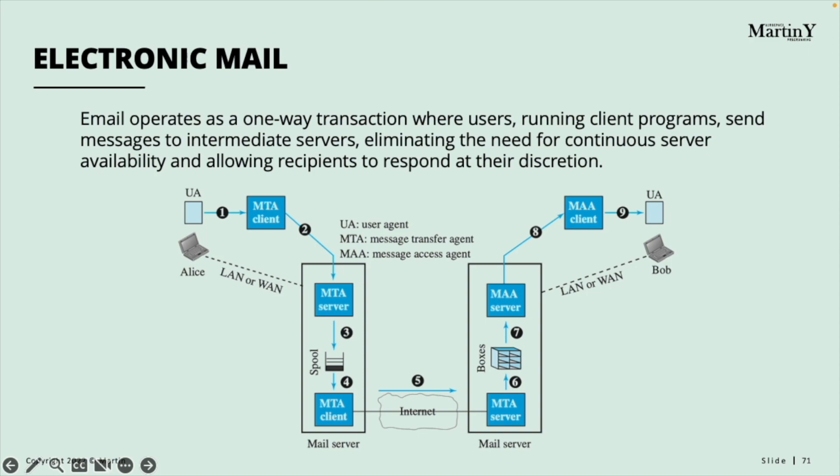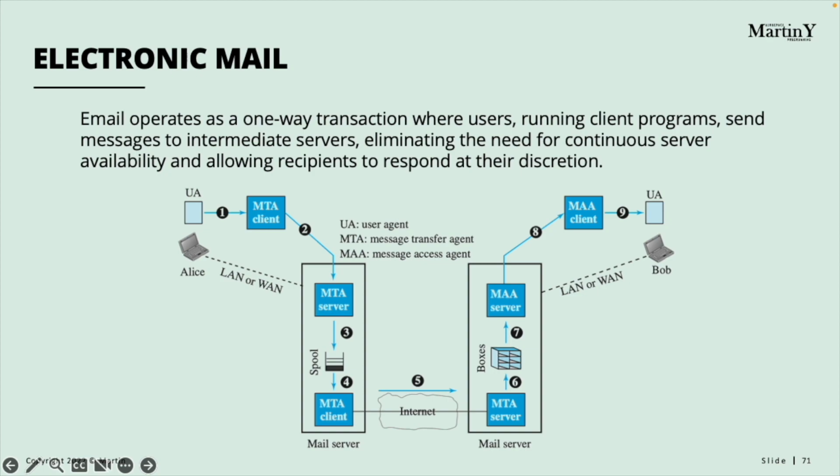And after that, we use the MAA, or the message access agent server. What Bob will do is use his client to send a request to the MAA server and get the email to his user agent, and be able to read it.